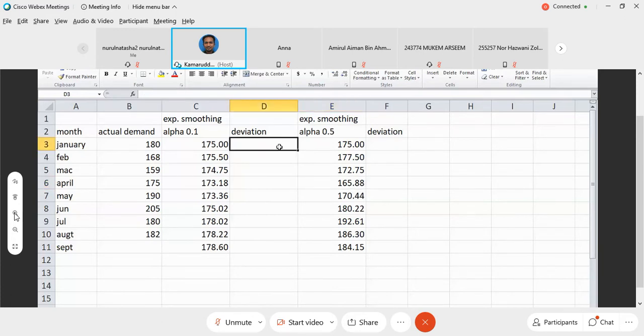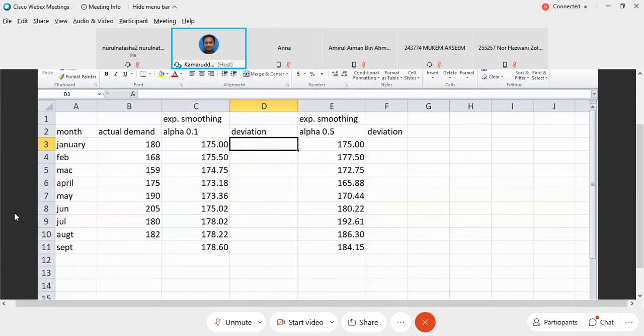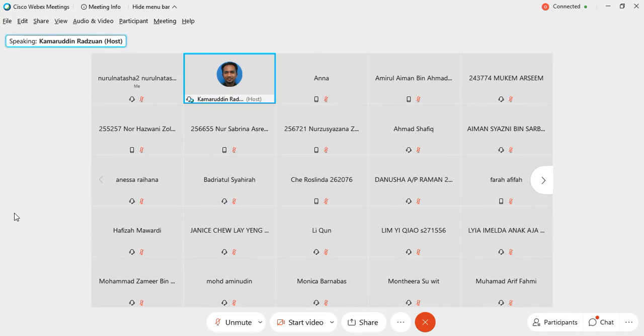So the next discussion is on measuring the error. So we'll be back on to the slide and discuss about the error.